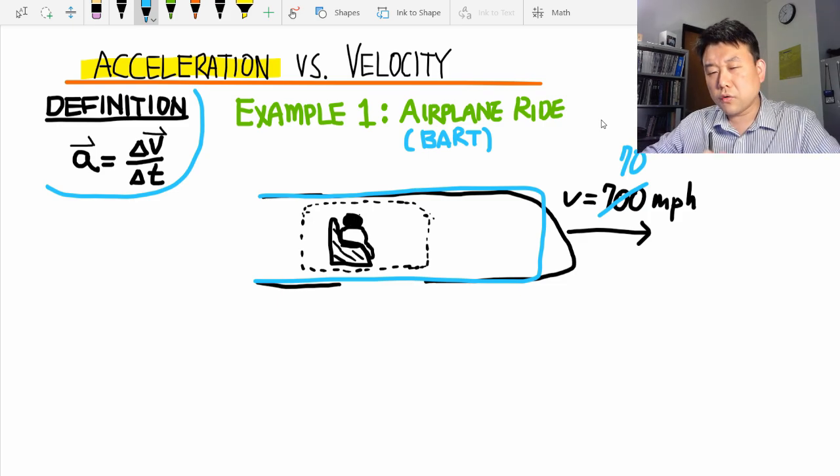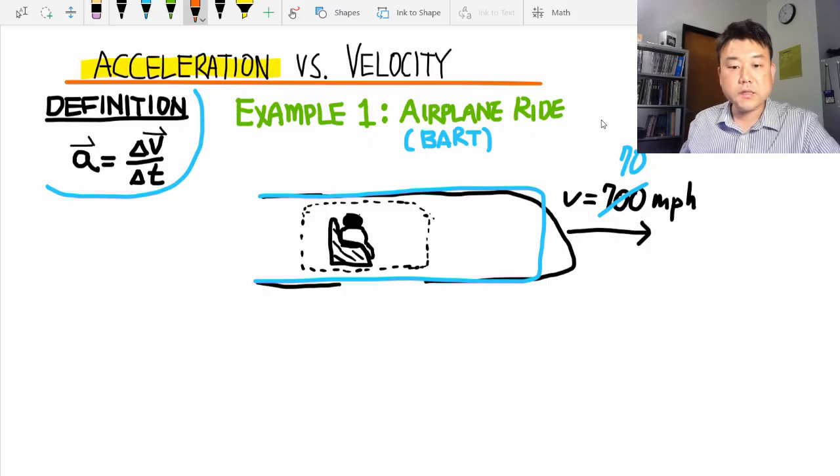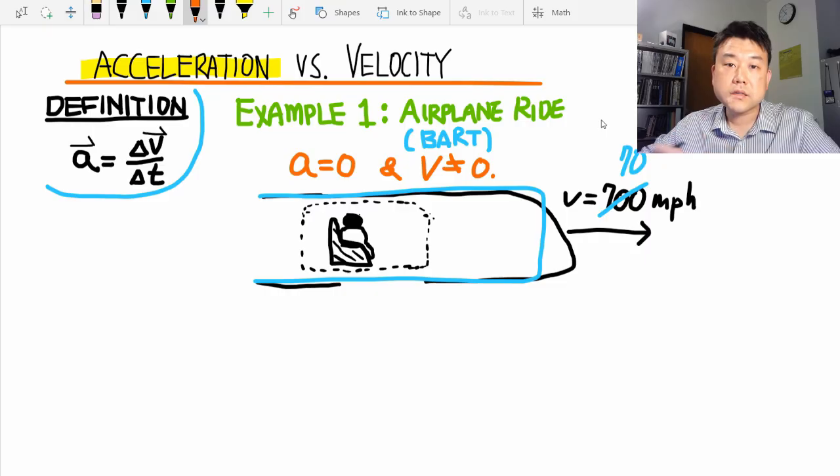You only feel that BART is moving when it's beginning to move or when it's coming to a stop. So this is an example of motion where acceleration is 0 and the velocity is not 0. This is what I mean. Acceleration is mostly what you feel in a motion.